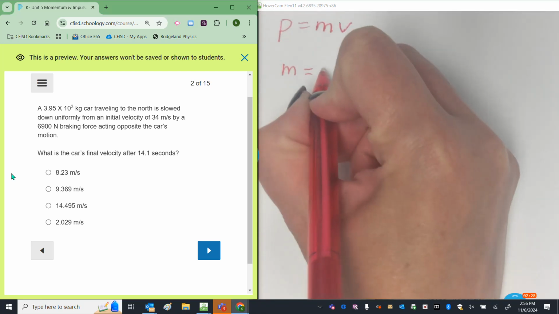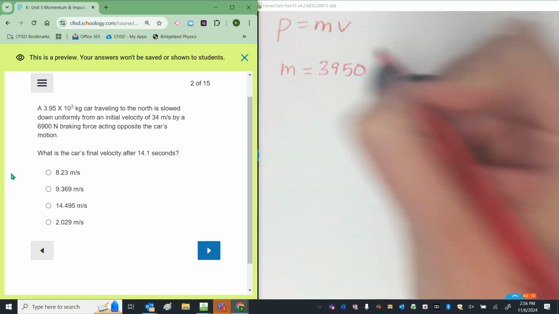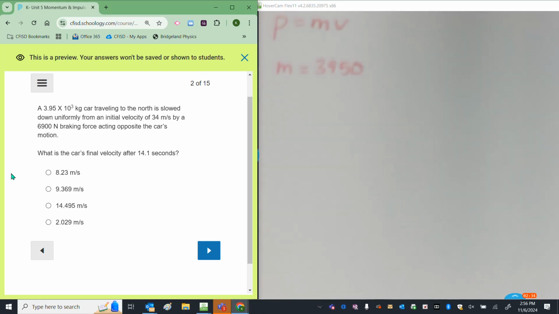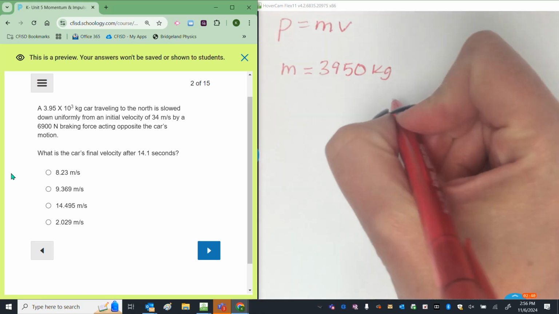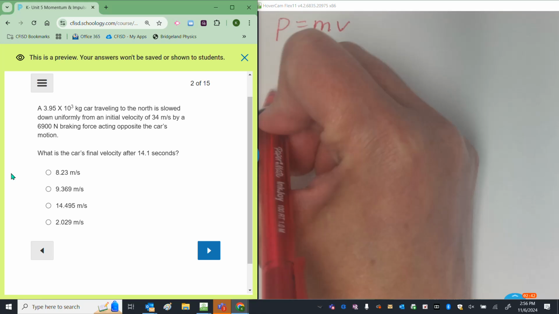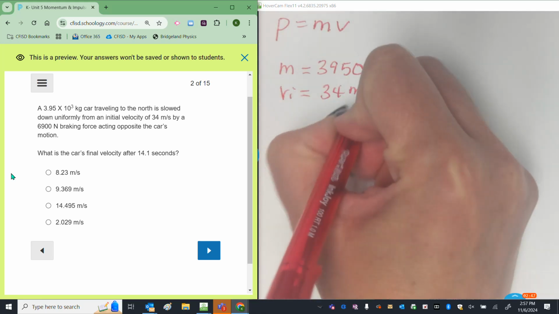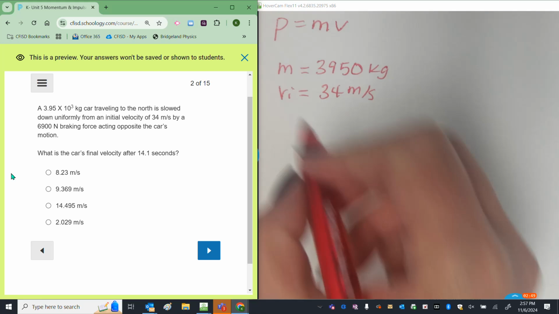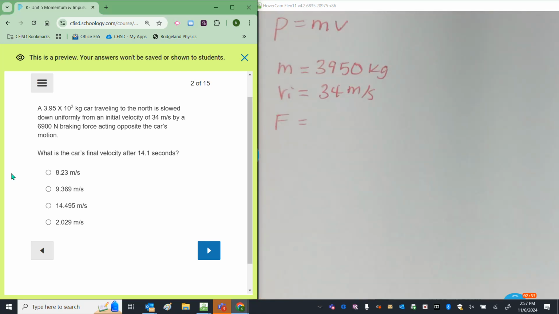That mass, 3.95 times 10 to the third, is the same thing as 3950. I'd prefer to write it in standard form, so I'm going to write 3,950 kilograms. I know that I have an initial velocity, VI, of 34 meters per second, and a braking force, which is going to be my net force because the car is slowing down.